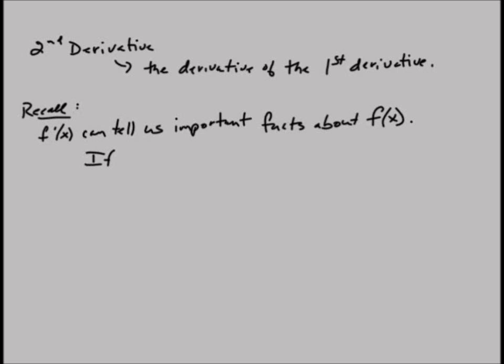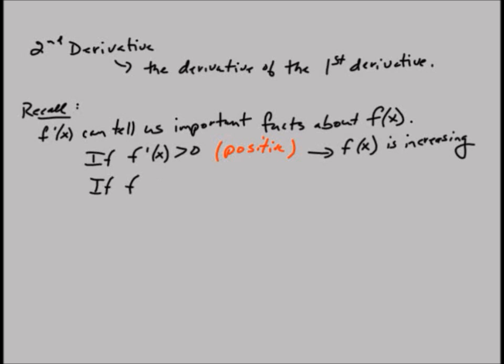For example, if the derivative is larger than 0, in other words it's positive, then we know that the function is increasing. If the derivative is less than 0, so negative, we know that the function is decreasing.